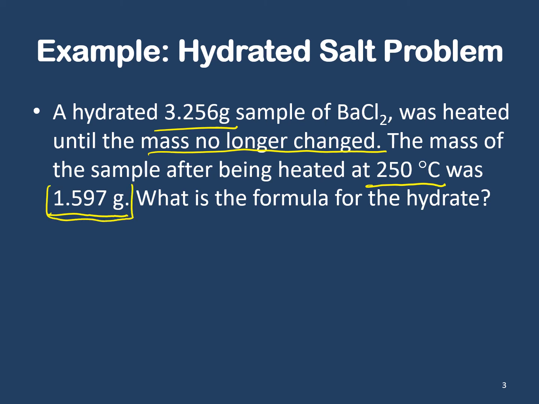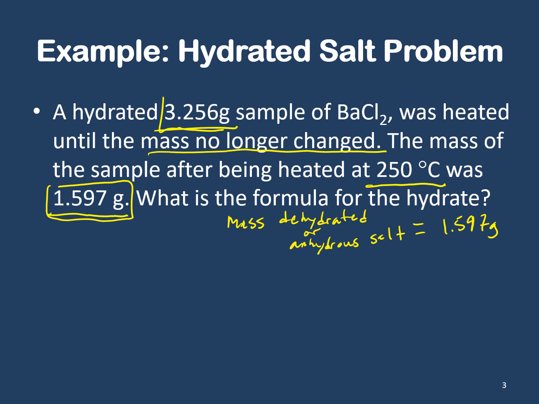This mass here is not explicitly stated, but it is the mass of the dehydrated or anhydrous salt. And it's equal to 1.597 grams because this is the mass after all the water is gone. We know that the mass of the hydrated salt was 3.256 grams.